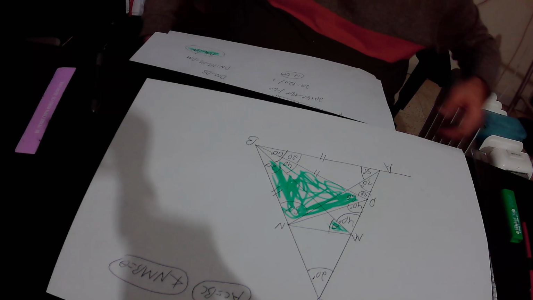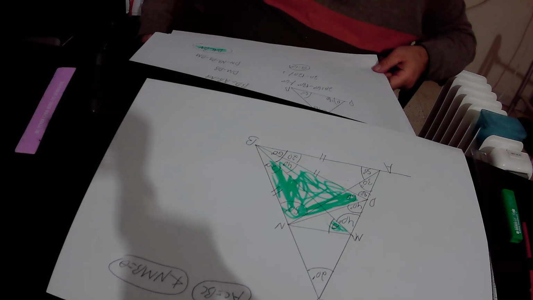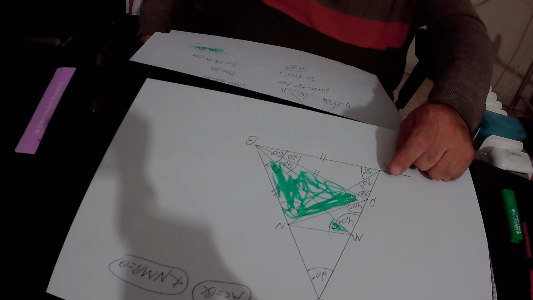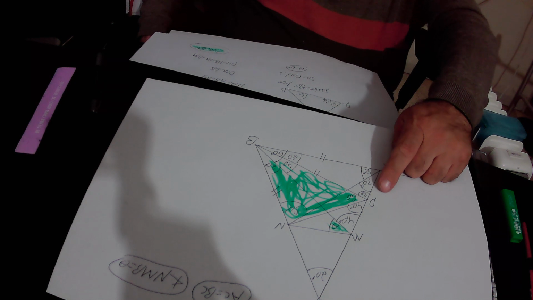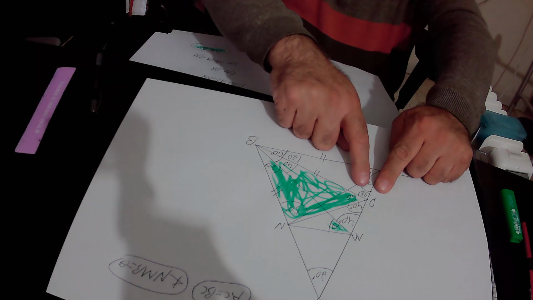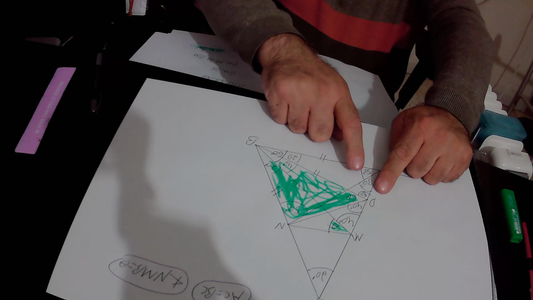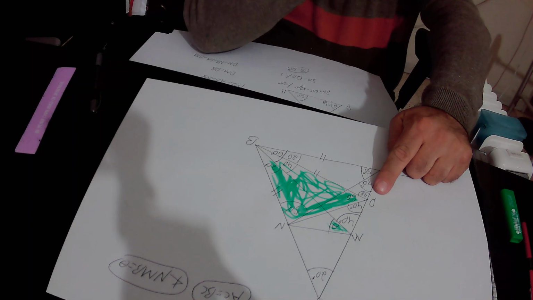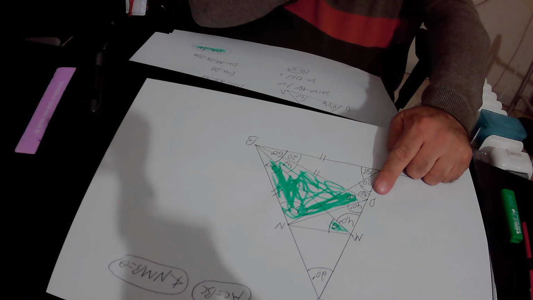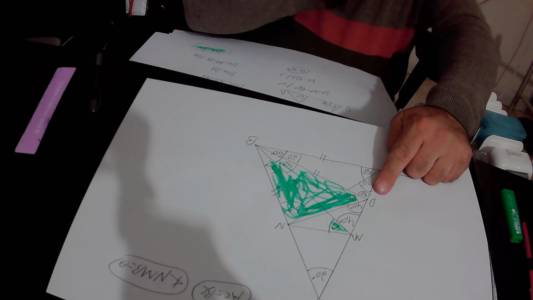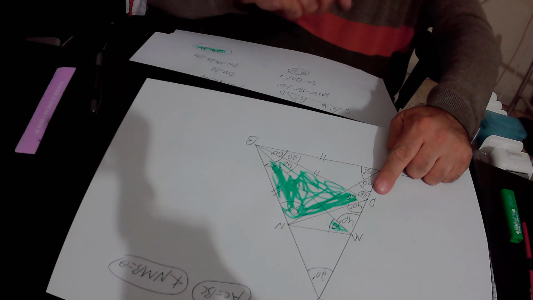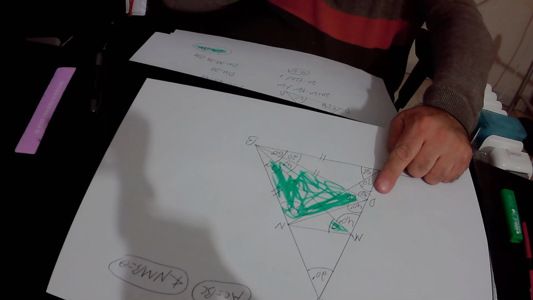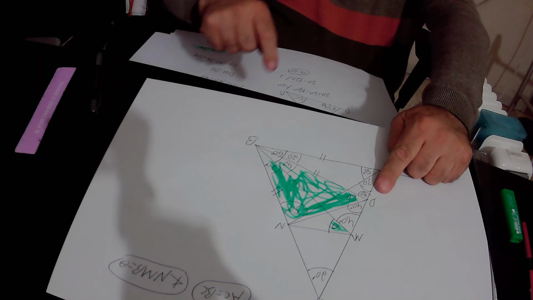And then we join points D and N together by a straight line. And here we create a triangle DNB. In triangle DNB, DB equals NB.